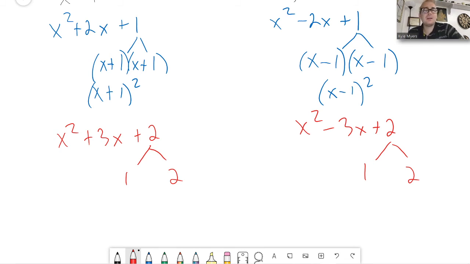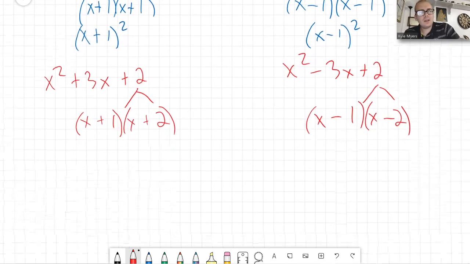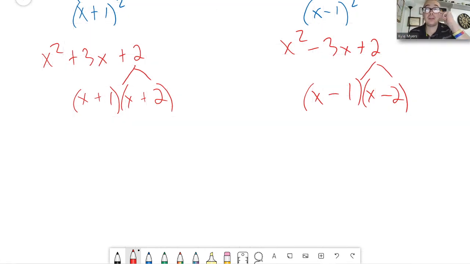This time they're both positive or they're both negative, because I have to multiply to get a positive. And now I get this and that. And that's it for 2, because 2 only has 1 times 2. There's nothing else that multiplies to 2.